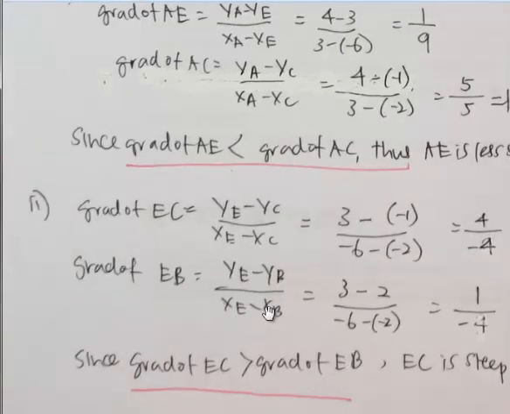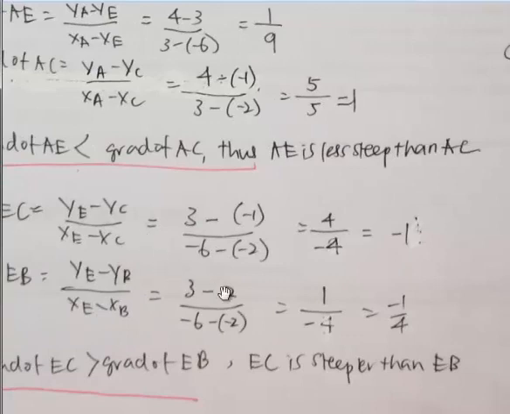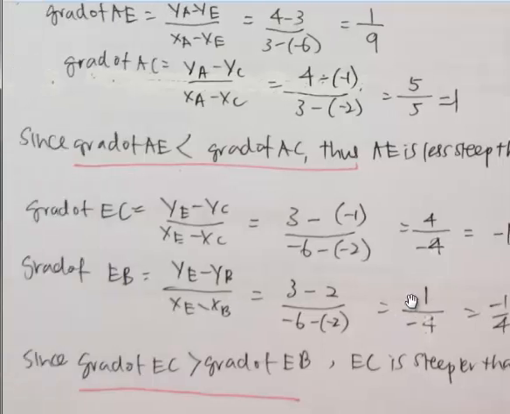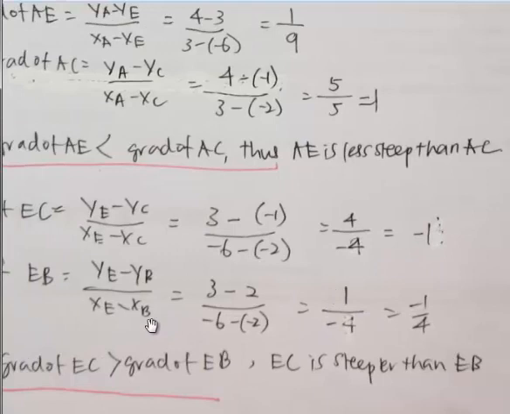Gradient of EB equals yE minus yB over xE minus xB, equals 3 minus negative 2 divided by negative 6 minus negative 2, equals 5 over negative 4, equals negative 5 over 4. So we can see that the gradient of EC is greater than the gradient of EB, which means that line EC is steeper than line EB.